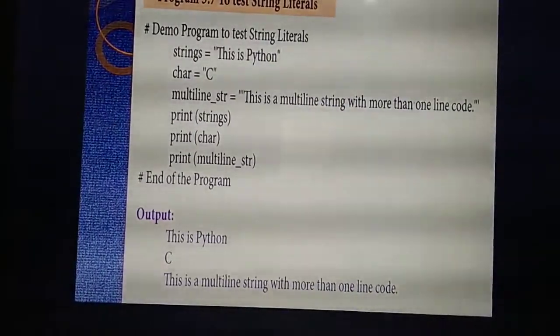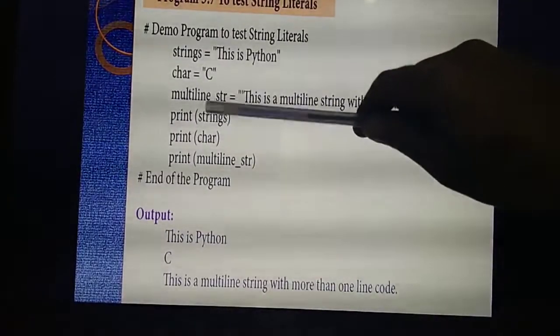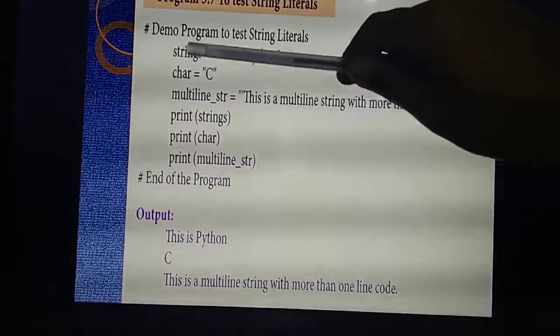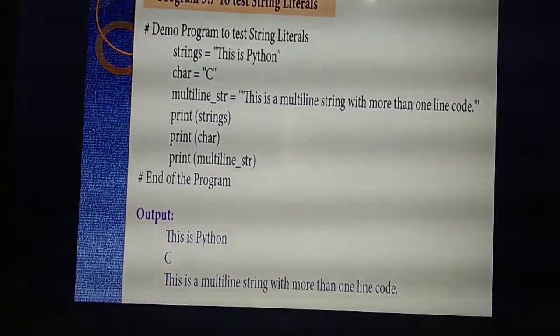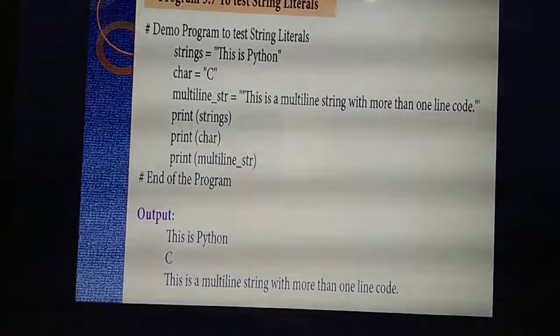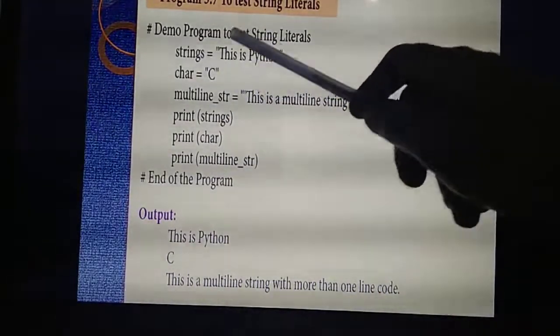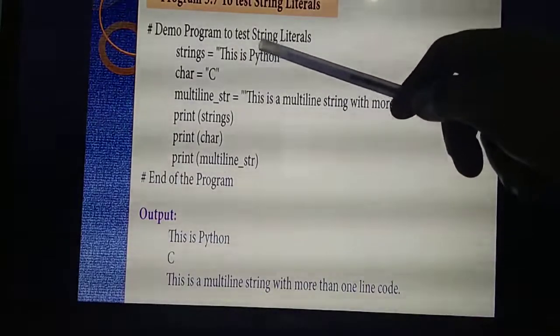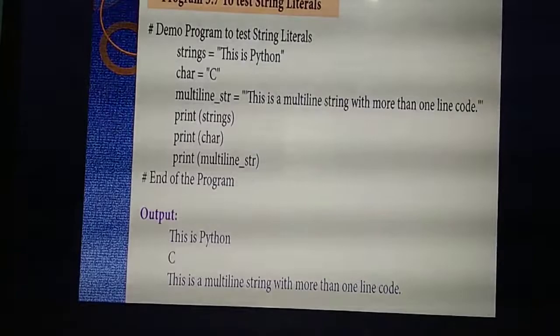Next, what are the things you need to print? First, you need to print strings. Next, print the character. Print the multi-line string. What's the output you will get? First, print the strings. In strings, what have you declared? This is Python. At the output screen, the double quotes and triple quotes won't come.